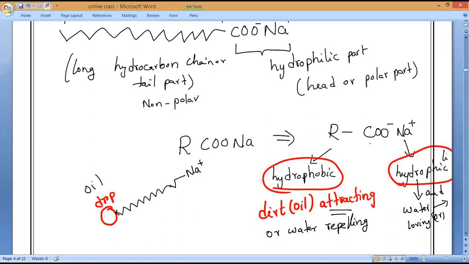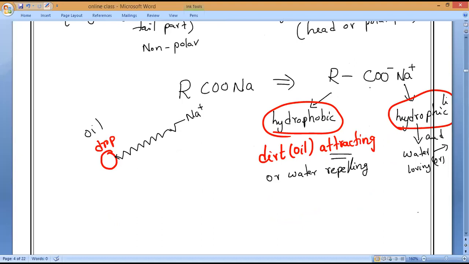Hydrophilic is repelling with what? Anybody can tell me? Oil, dirt, fat, or we will say oil.